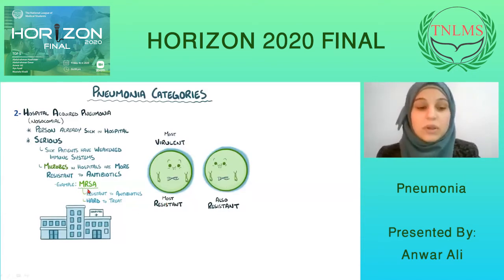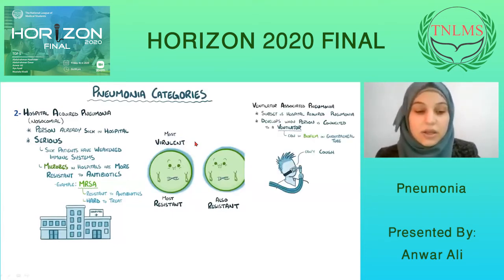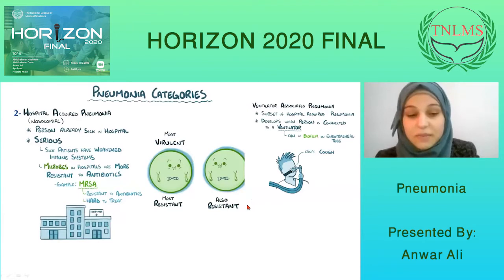For example, we have methicillin-resistant Staphylococcus aureus, or MRSA, which is resistant to many antibiotics, so it is hard to treat. Another category is ventilator-associated pneumonia, which is a subset of hospital-acquired pneumonia, but it especially develops when ill individuals are connected to a ventilator.